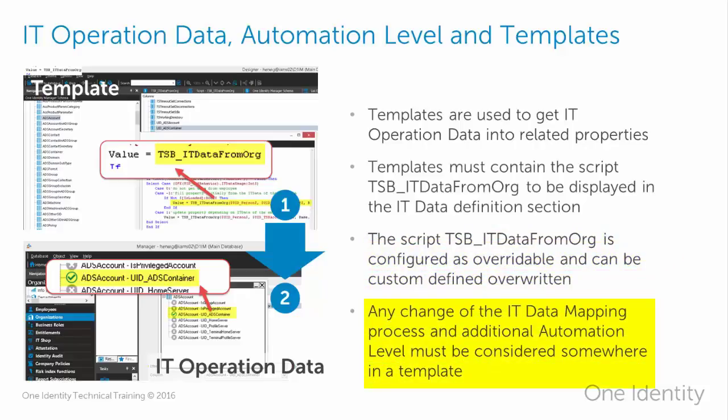Additionally to that, for every other change, for example, the creation of a new automation level, which is as well considered in templates, you automatically have to rework these template scripts to make sure that your new functionality, for example, your new automation level, is part of the calculation and will do whatever you want.